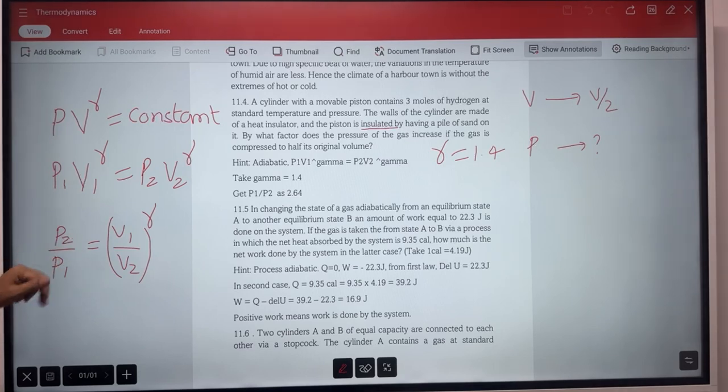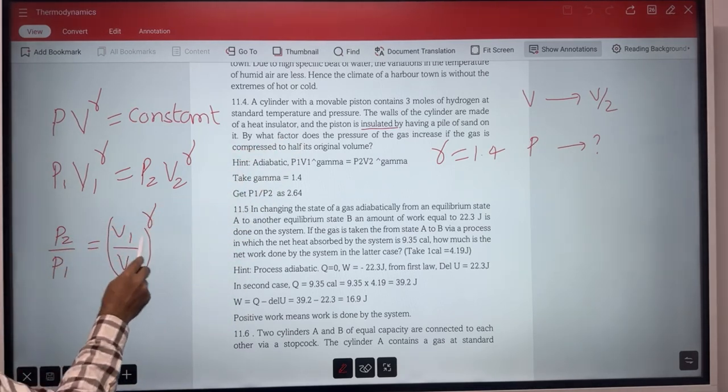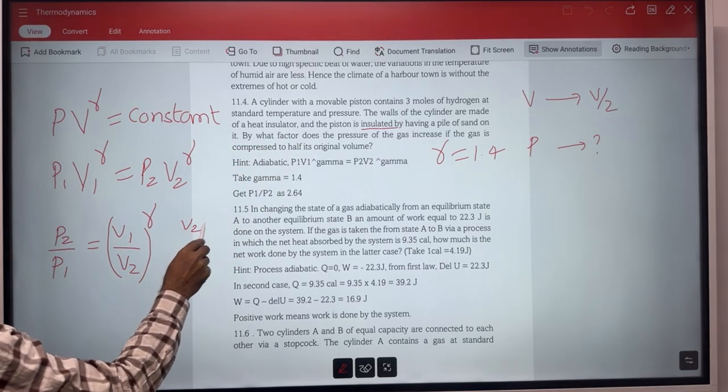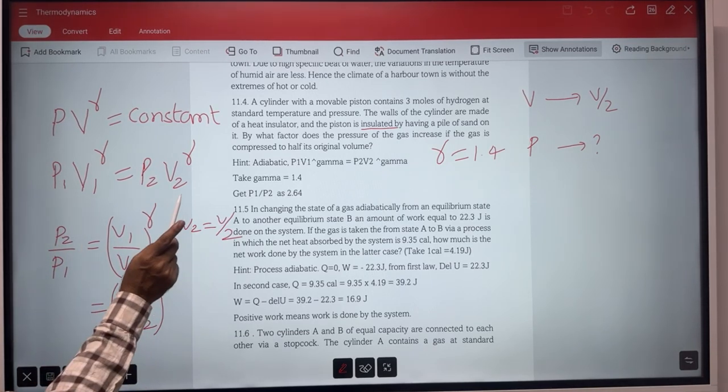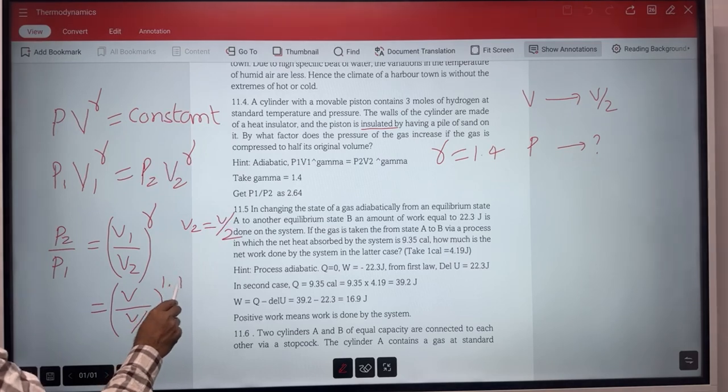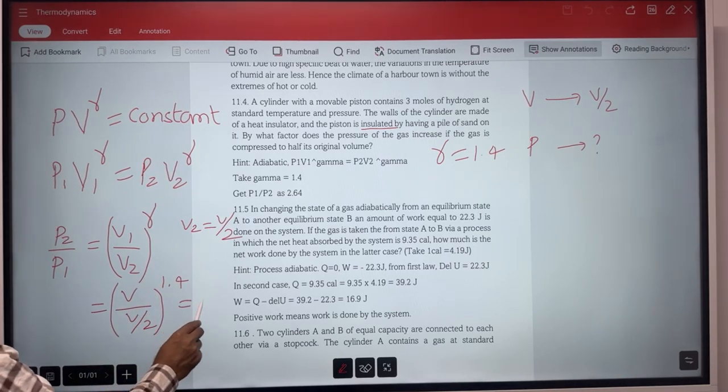Now, here V2 is equal to V by 2. So in place of V2, we can write V by 2. So just write V1 as V, then V by 2 whole power gamma, and gamma is given as 1.4. Right. So 2 power 1.4.